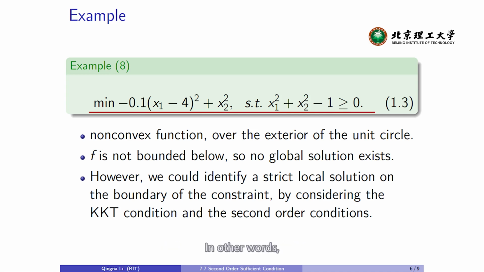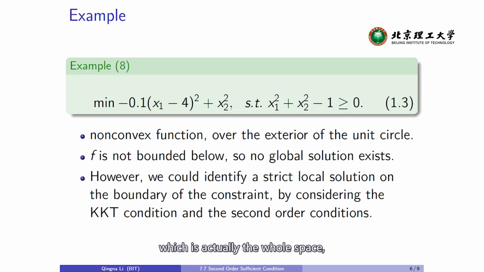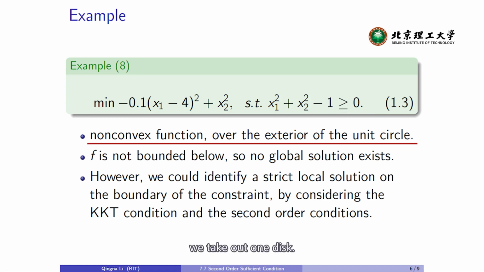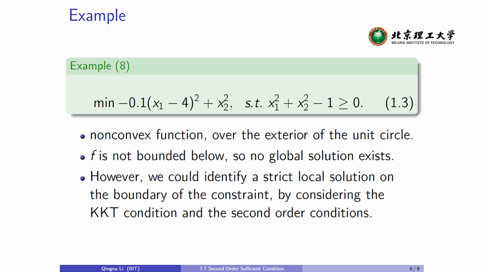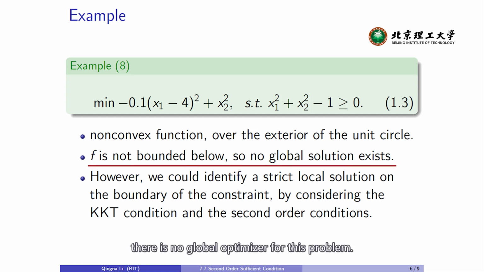The constraint is the whole space with one disk taken out, so the constraint set is an unbounded region. With this unbounded region, the objective function is not bounded below. In other words, there is no global optimizer for this problem.